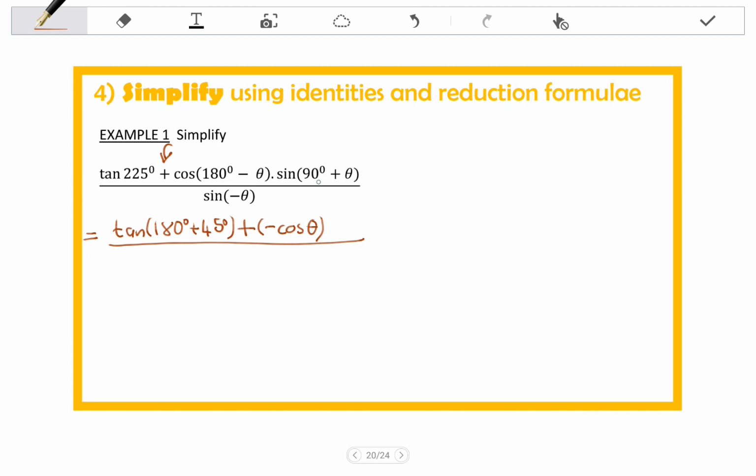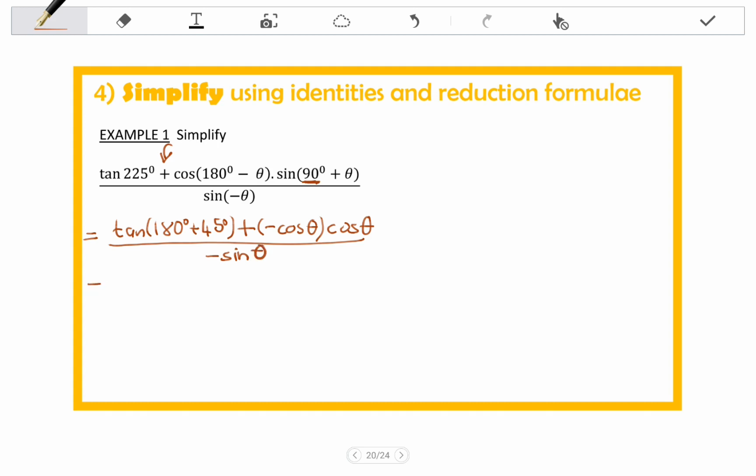That is in the second quadrant, and I have a 90-degree angle, which means I'm going to go to the co-ratio. So sine is positive in the second quadrant, so it's going to go to positive cosine theta. And in the denominator, sine of a negative angle is always negative sine of the positive angle.